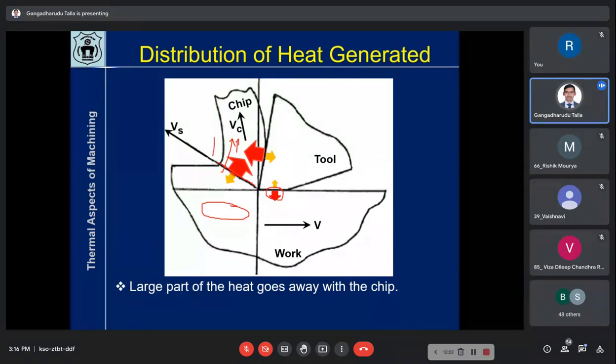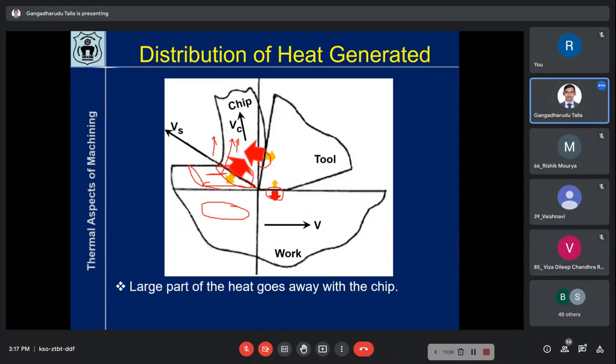Now, why does the majority go with the chip and not into the workpiece? Once the heat is generated, the chip is moving away from the machining zone very quickly. Heat is getting generated here and here. The tool is continuously moving forward to the next material available in front of it. Whatever heat is generated will be in the uncut chip in this region, and once the tool advances, it becomes part of the cut chip.